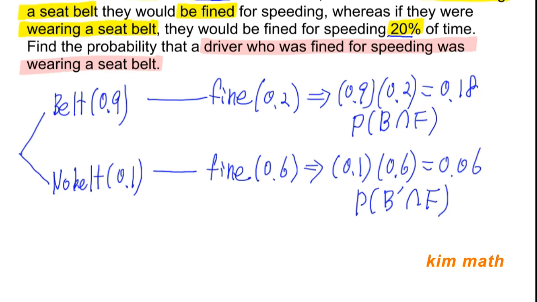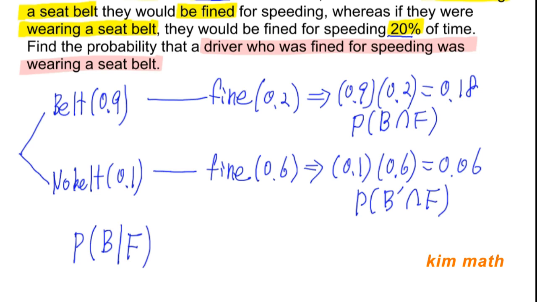Now, the question asks us to find the probability that a driver who was fined for speeding was wearing a seat belt. So to understand the situation, we need the probability of seat belt given fine.